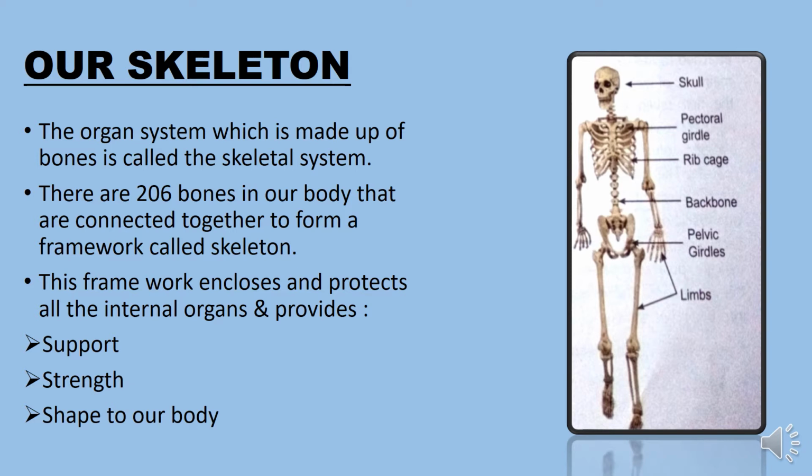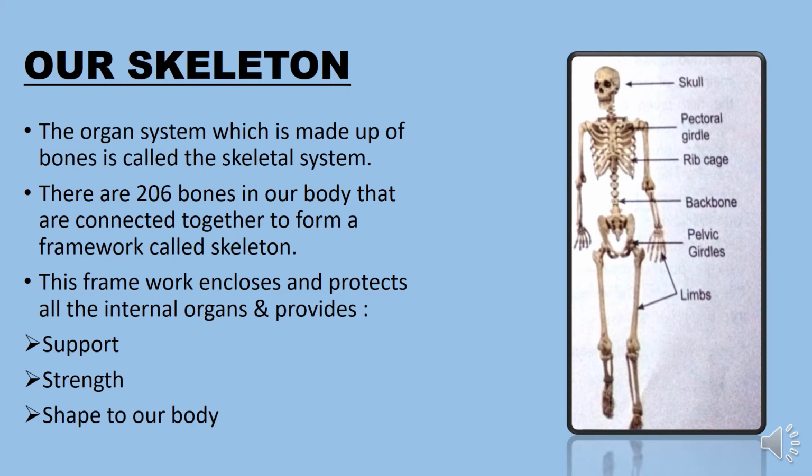But what is the use of this skeletal system? Is it helping our body in any such ways? Yes. It protects our internal organs and provides shape to our body, which gives support and strength also, and provides protection to the delicate internal organs like heart, lungs and brain.